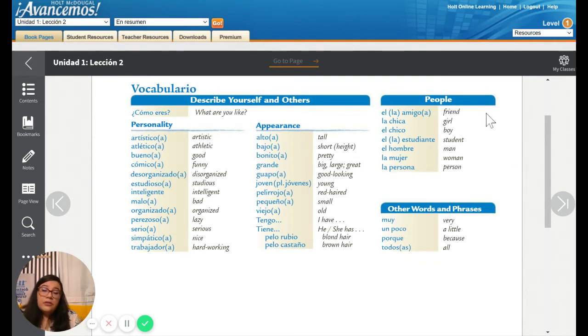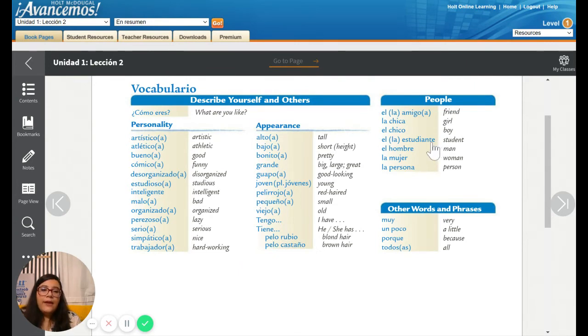We also talked about people because you were describing people. He's a man, she's a woman, or he's a boy or a girl, whoever they are. So you have all the different people here. We also had friend because you're going to be describing a lot of friends in these activities. For student, if you notice, the word estudiante is the same because there's no A or O at the end.